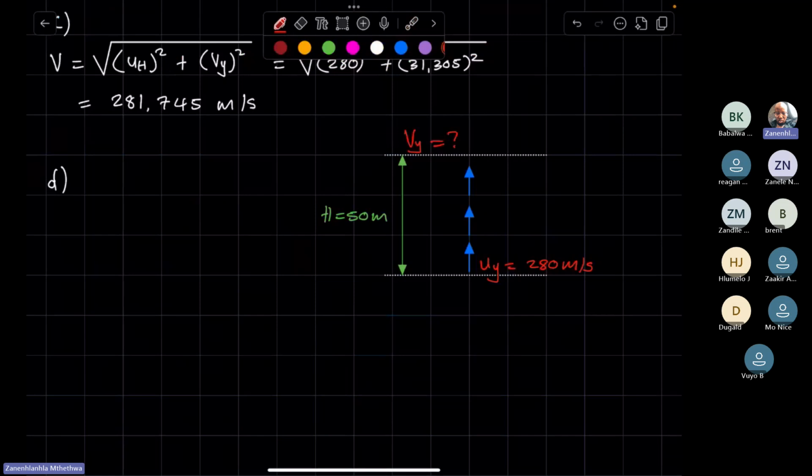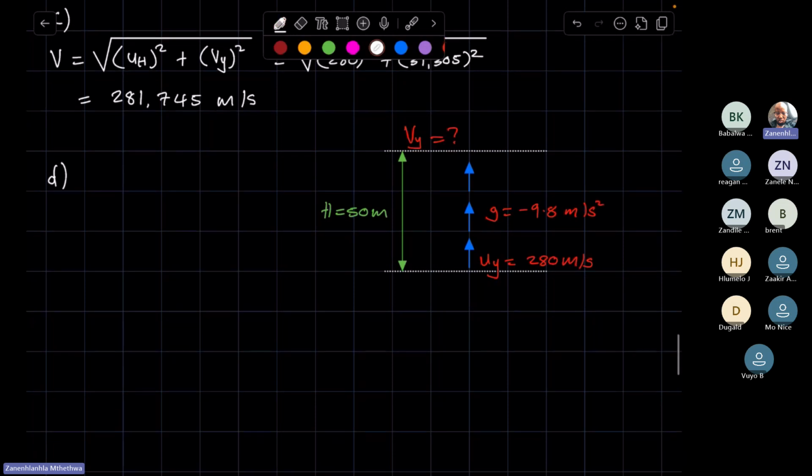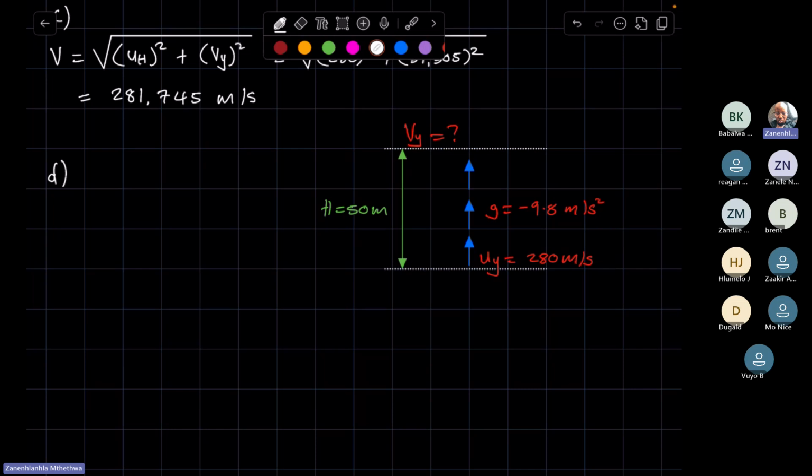And then because this is going up, it means g is negative 9.8 meters per second squared. Now we don't have time, but we do have h. So the only kinematic equation we can use here is Vy squared is equal to Uy squared plus 2gh.